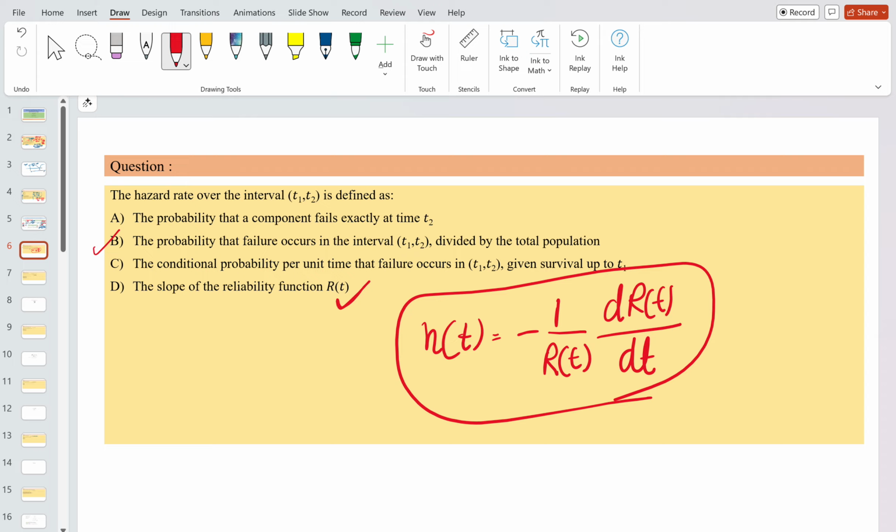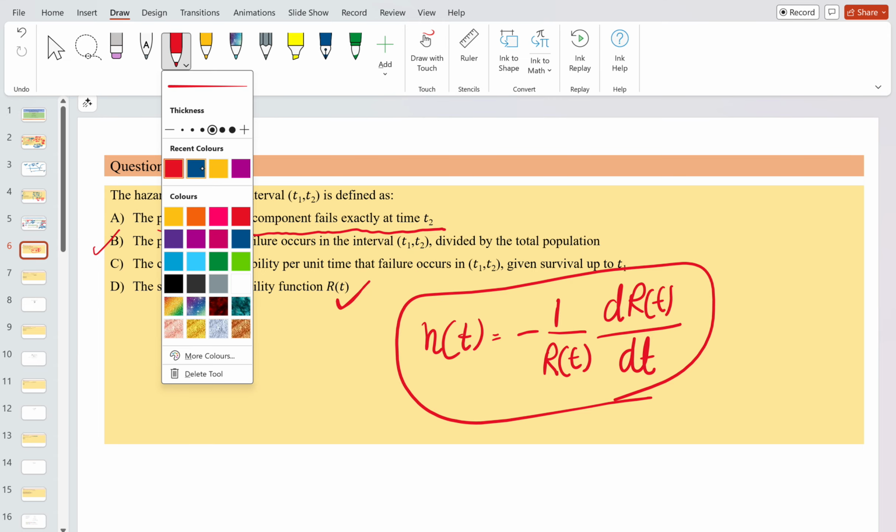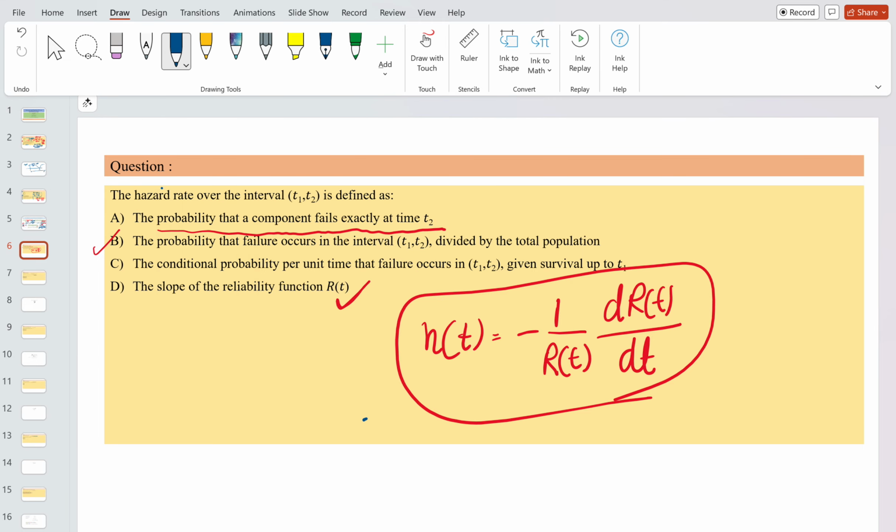When you see the first statement, the probability that a component fails exactly at time t2, this is not a hazard rate. Here it is asking for the rate, and a rate is some kind of slope behavior.